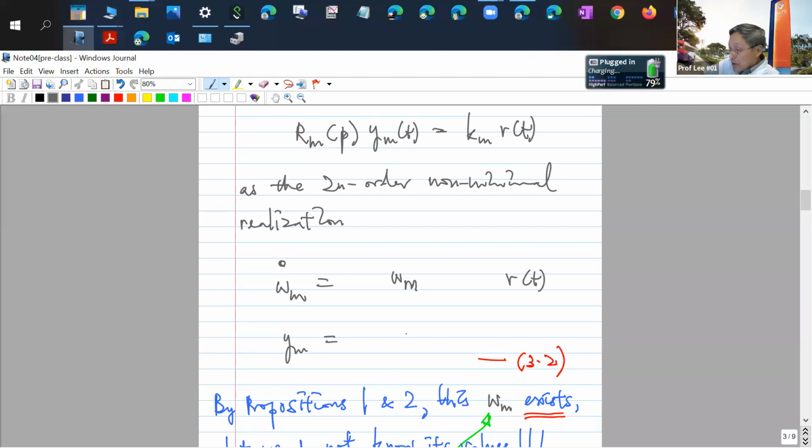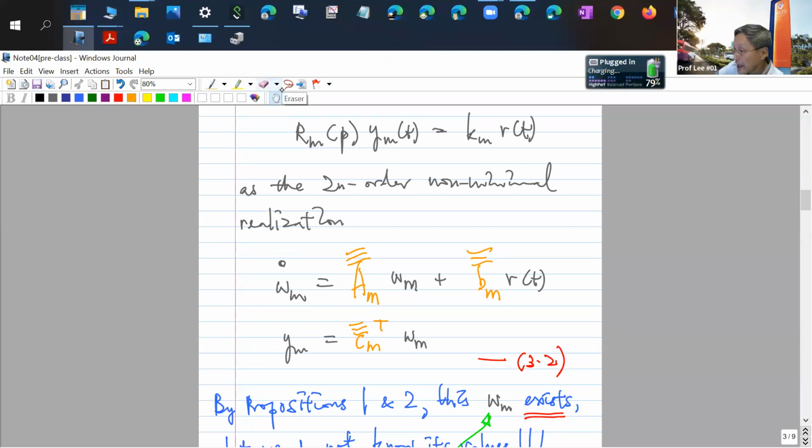And the associated matrices for this 2n order non-minimal realization will indeed be AM, and to remember it's not minimum, I put the triple bar, plus BM triple bar, CM triple bar transpose.